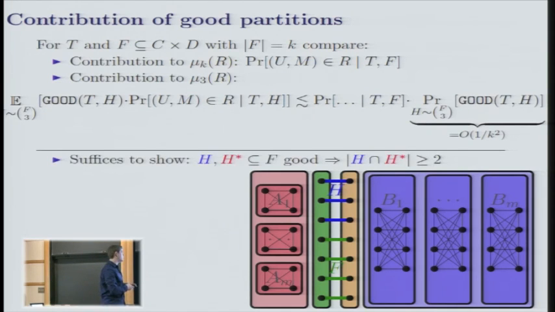Both definitions. Okay. In particular, what I'm claiming is that if you fix a partition T and you look at H and H star and they are both good together with the same partition, then we must have that they intersect in two edges.